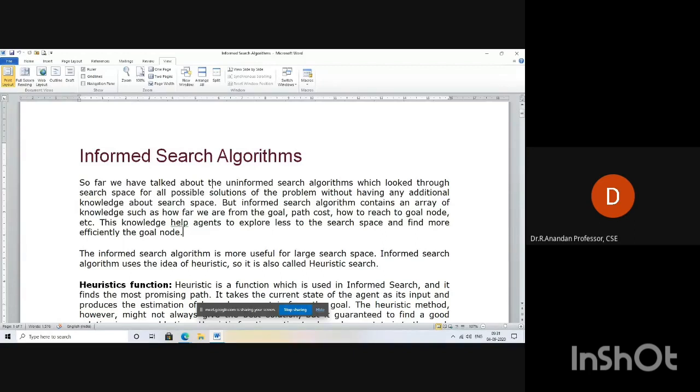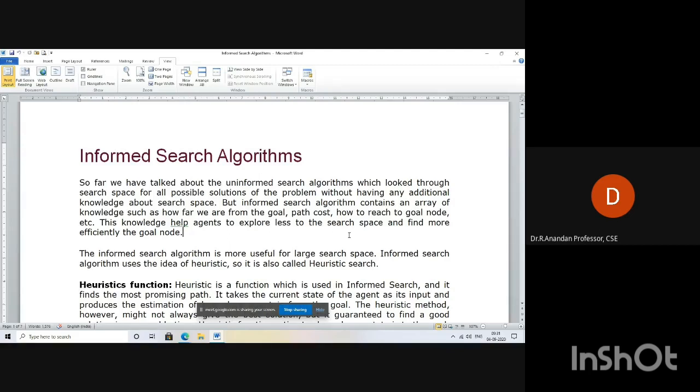Another difference is that in uninformed search, the search goes to infinity or it goes into a loop. But in informed search, we can get the solution. And the optimization of informed search is better than uninformed search.